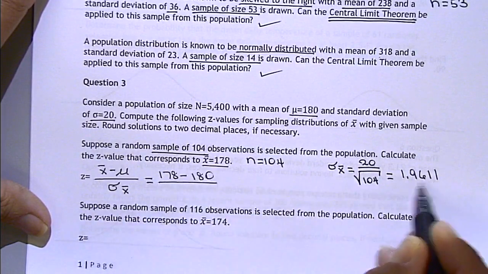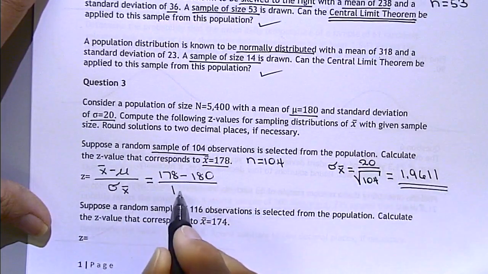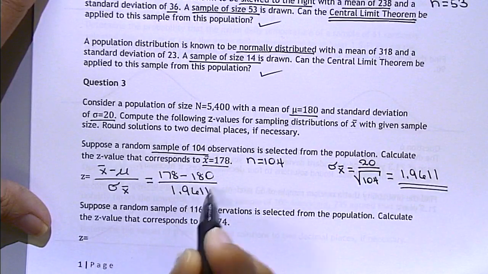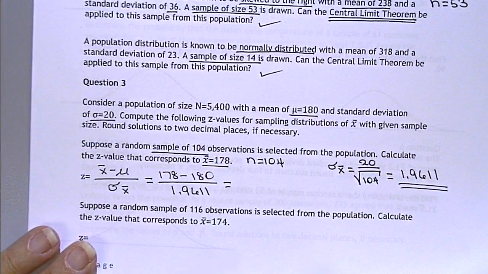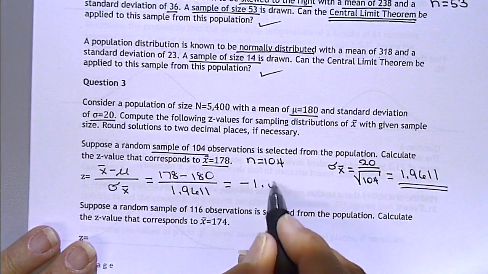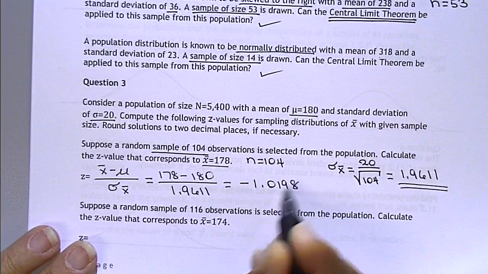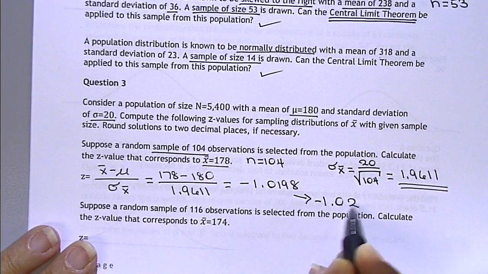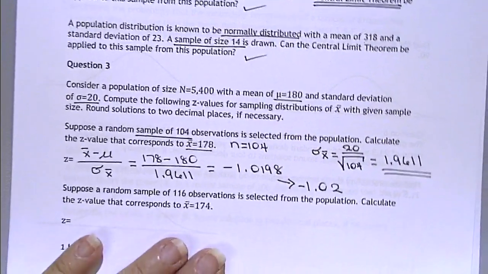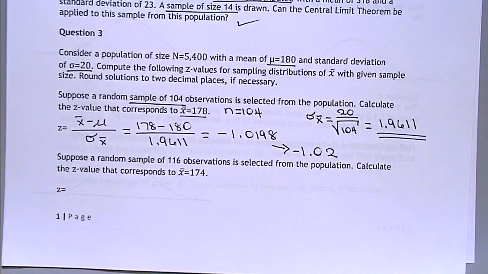And this time we have to divide by this. We had to do that calculation first to get it. So I get a negative 1.0198, which I would make negative 1.02, right? Because it's a z-score, we're going to round to 2 decimal places with that one.